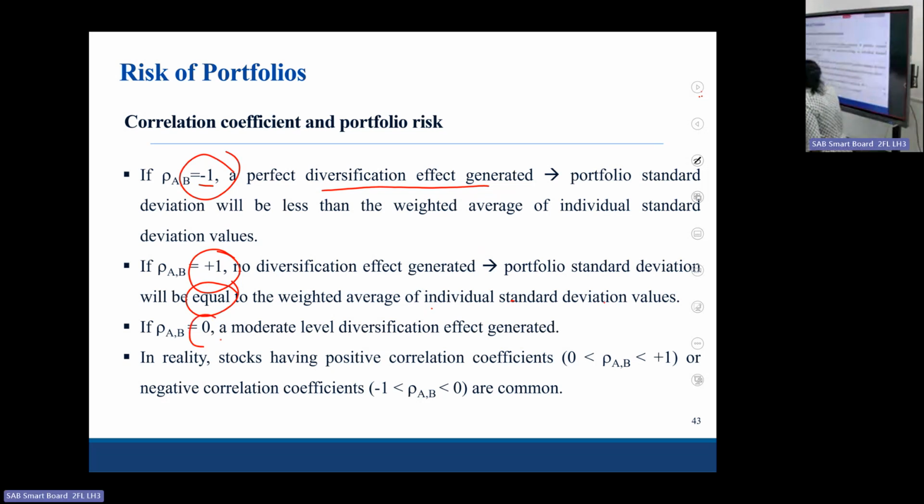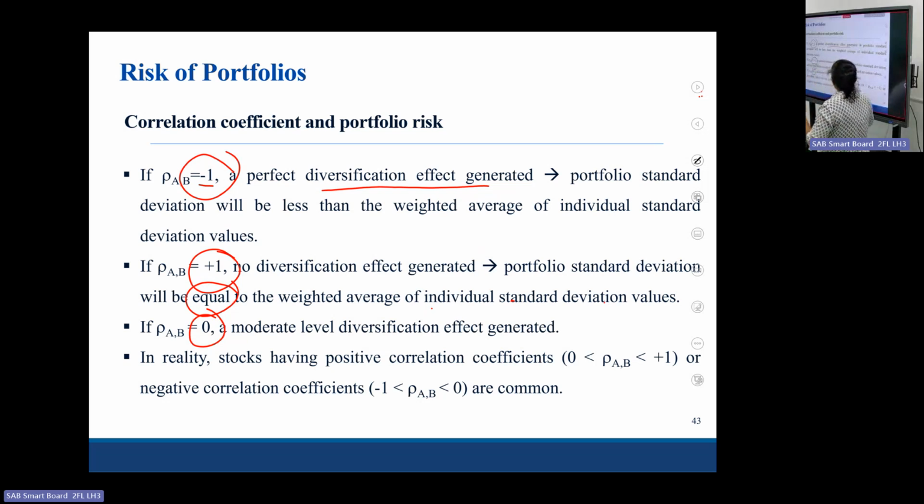And when the correlation coefficient is 0, there is a possibility of a moderate level of diversification advantage. In reality, in the stock market, correlations are between -1 and 0, and 0 and +1. Extreme values are rare.